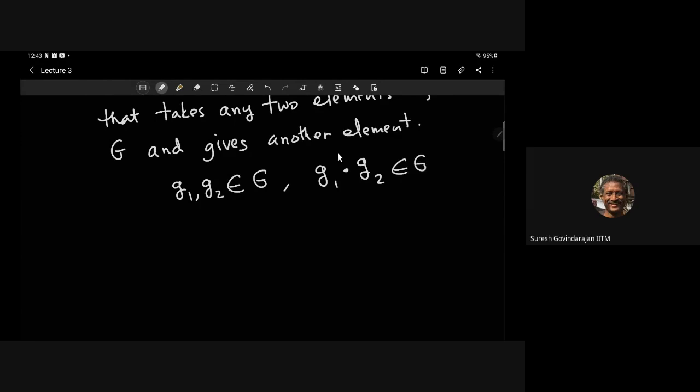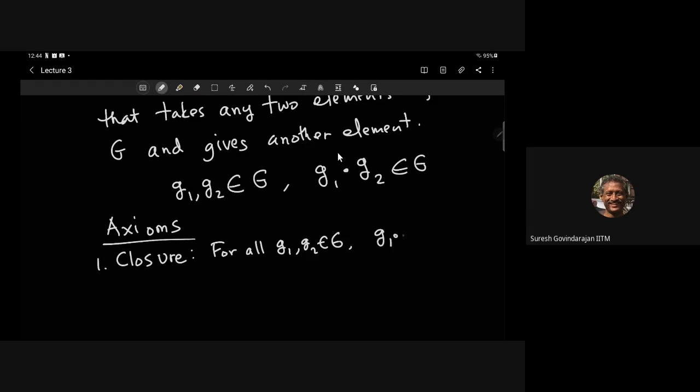So now I'll give the axioms. First axiom is the closure axiom, which I've just written here. For all G1, G2 in G, G1 dot G2 belongs to G.